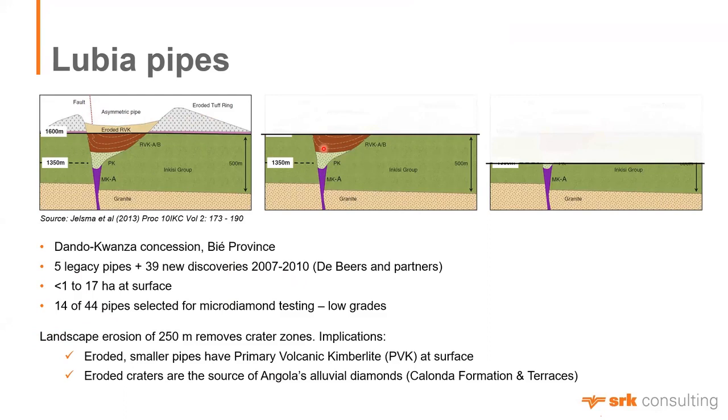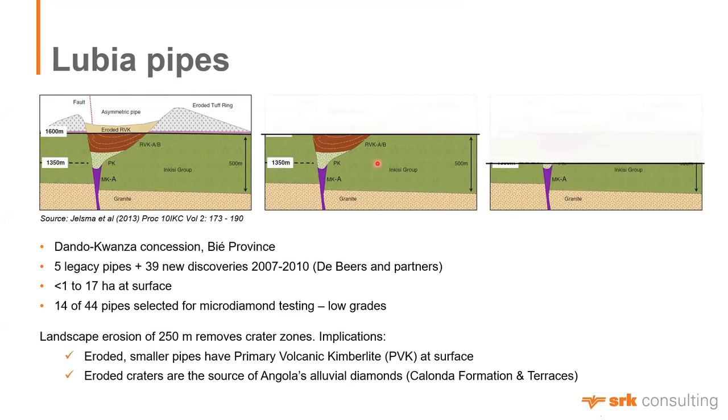That's crater facies sands and RVK. Down here is the primary kimberlite. And if you erode, in their case, 250 meters off, then you end up over there. And what you've got exposed at surface is the primary kimberlite, and you've removed all this diluted crater facies sandstones.